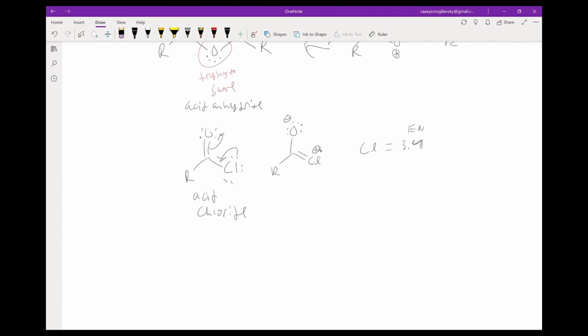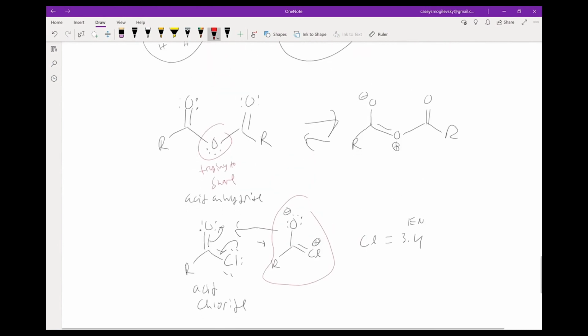So this is a very, very unhappy structure right here, a very unstable resonance contributor because you have a formal positive charge on the chlorine. And so similarly, this resonance structure basically is non-existent, and so you have much more electron density being pulled from this oxygen.